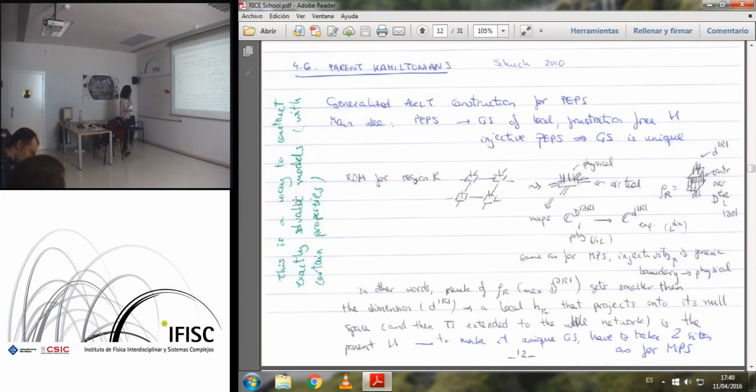So the same kind of construction that I did for MPSs, you can do for PEPS, only you will have, say, a 2 times 2 region, and then the boundary is larger because it has bonds going also to the front and to the back. But you do exactly the same kind of projector, and you can construct a Hamiltonian which is local, and if the PEPS has some injectivity property, then you have a local Hamiltonian for which the PEPS is a ground state, and it is unique.